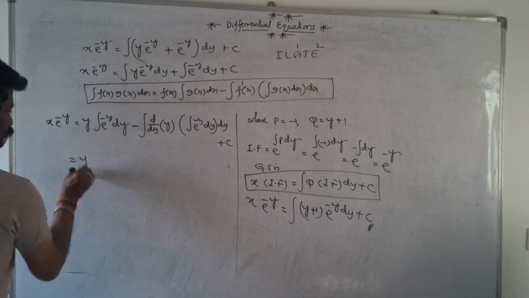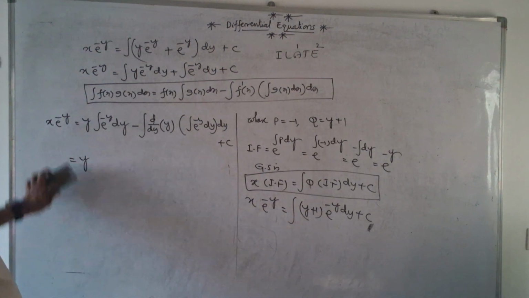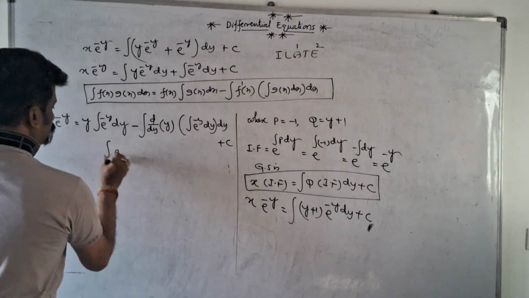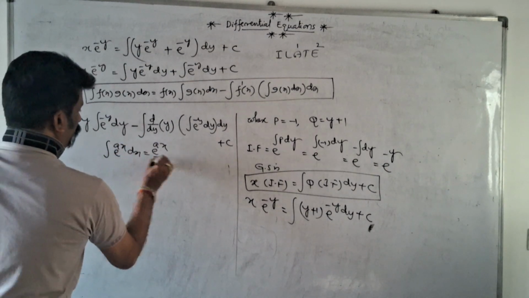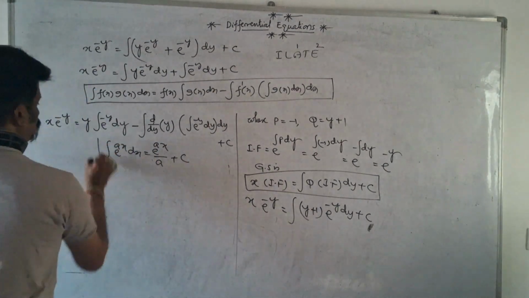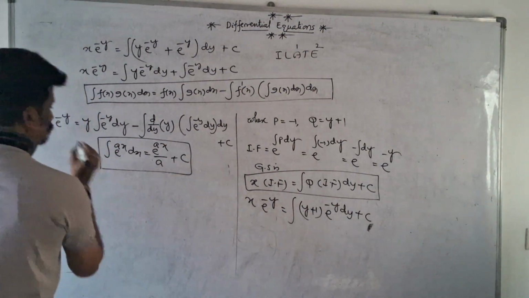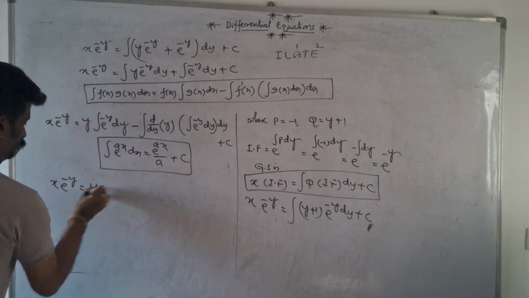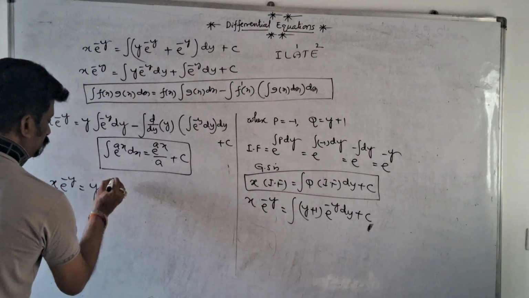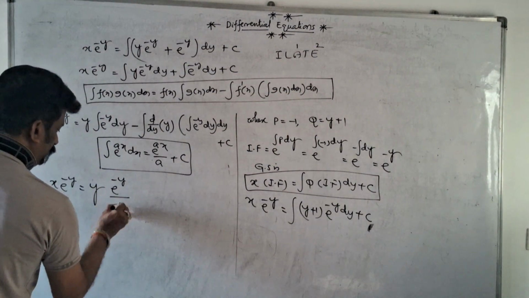The formula is: the integral of e to the power of ax dx is e to the power of ax by a, plus c. So x times e to the power of -y is equal to y times e to the power of -y by -1.